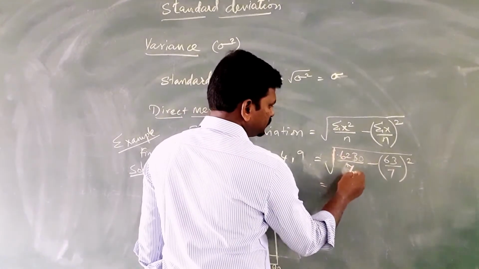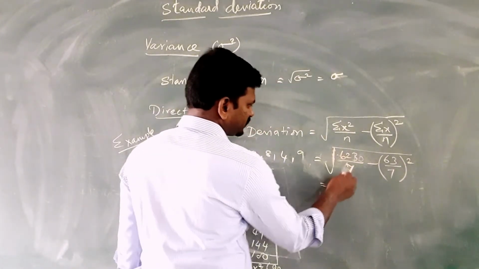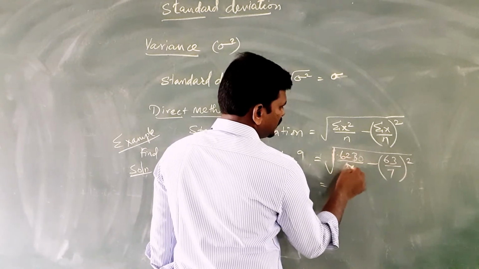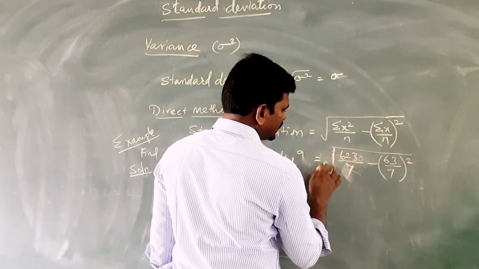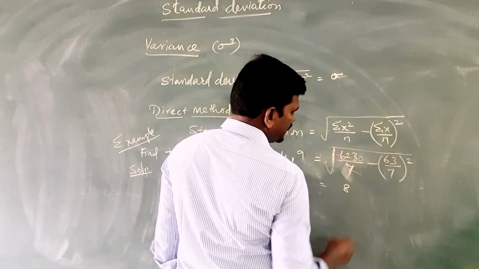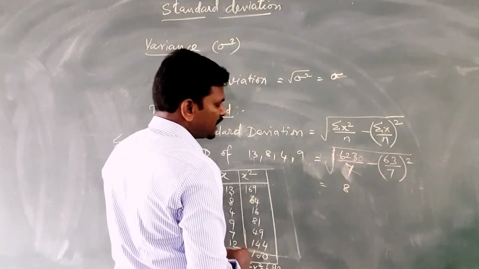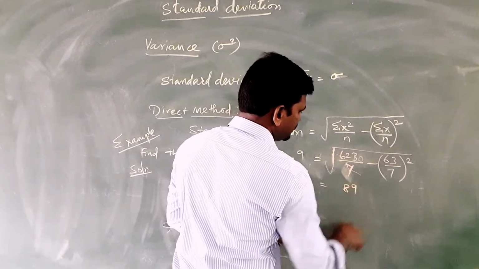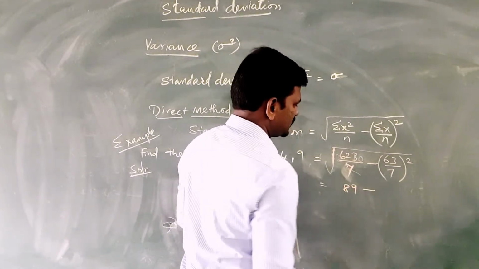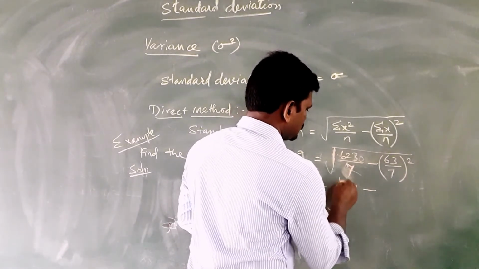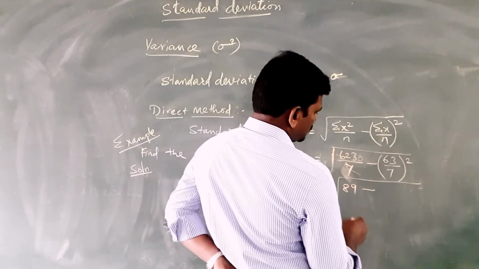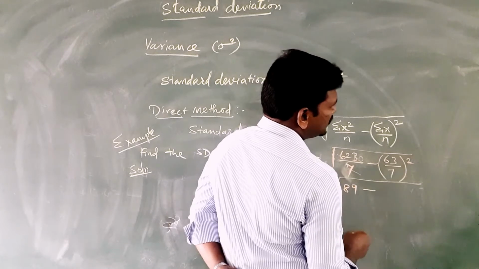Now we have to cancel. 9 7s are 63, 8 7s are 56, balance 6, so 89, minus 63 into 63.